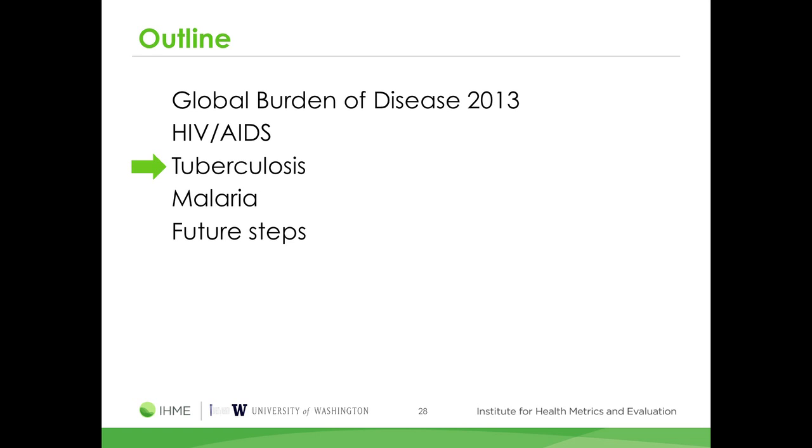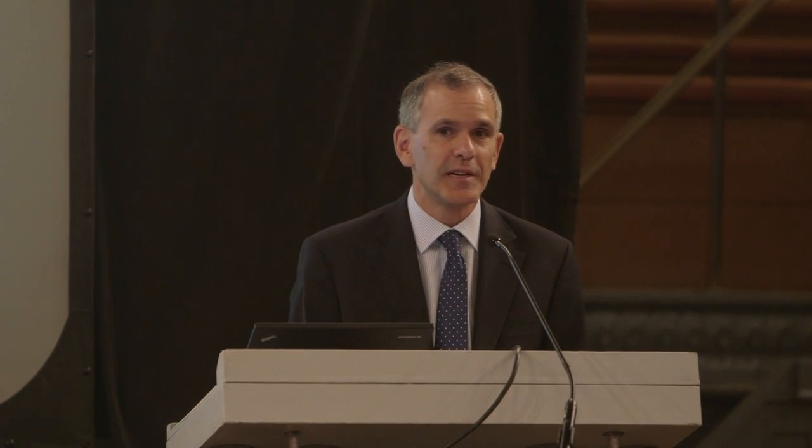Okay. So moving on to the second component of MDG6, and that's tuberculosis. This is a disease I used to work on when I was finished here at Oxford and when I was at Harvard. This was the first disease I studied, and although there's some progress in our understanding of the epidemiology of TB, the basic challenges that were there 20 years ago remain, as you will see as I go through this.